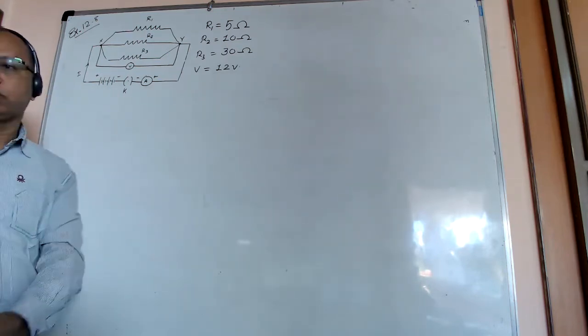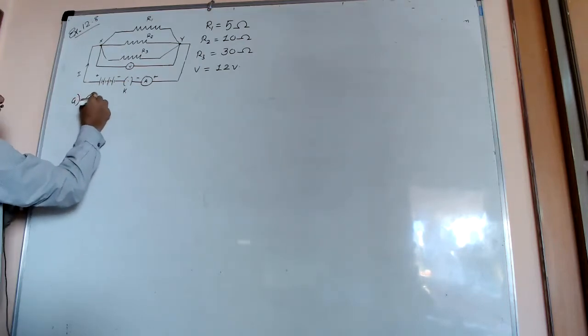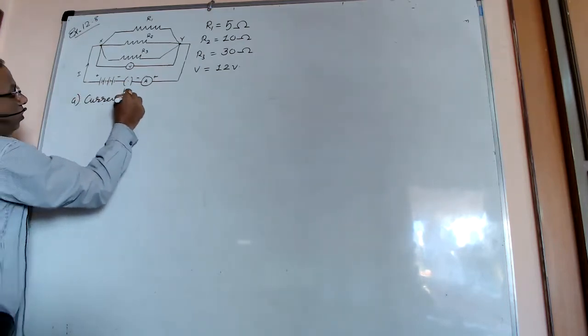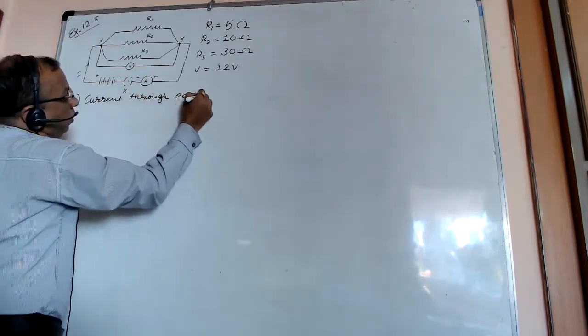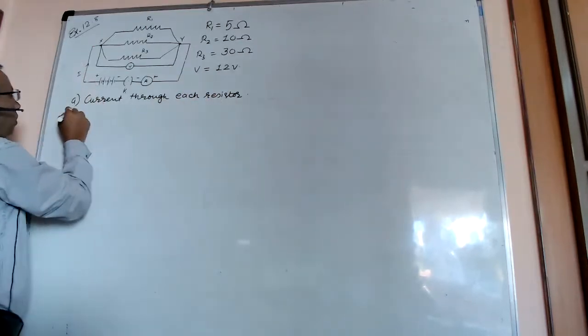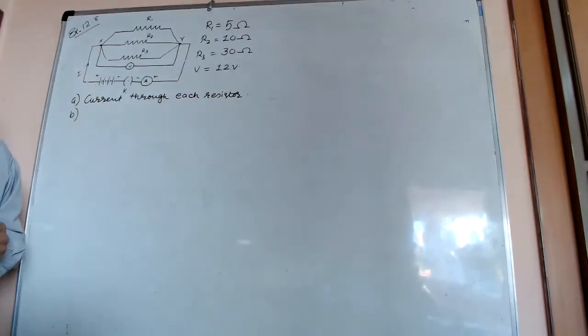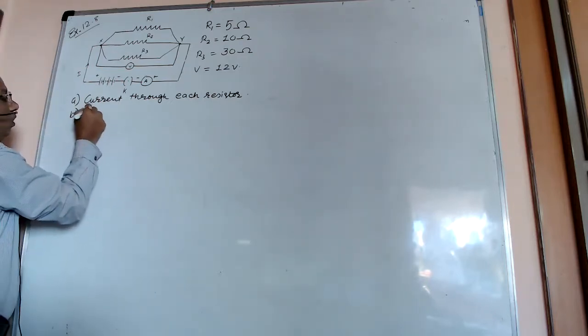Find the current through each resistor. So the first question is to find the current through each resistor. The second question is to find the total current in the circuit.